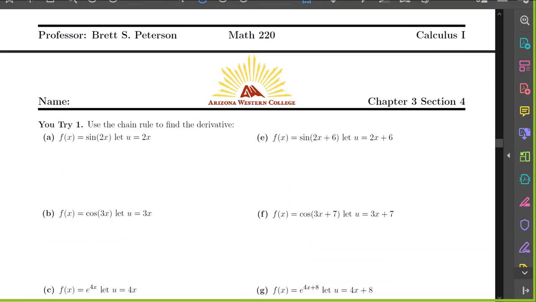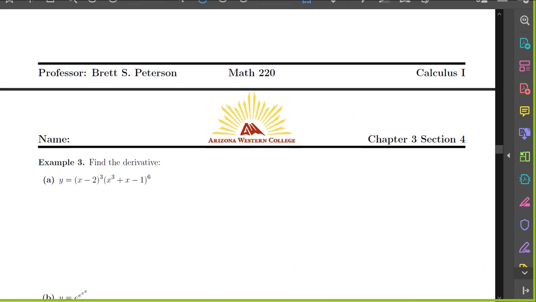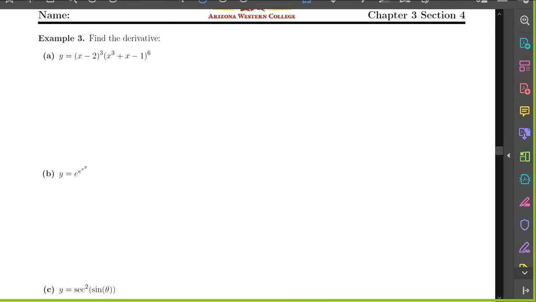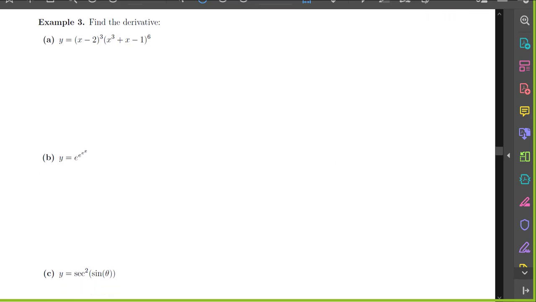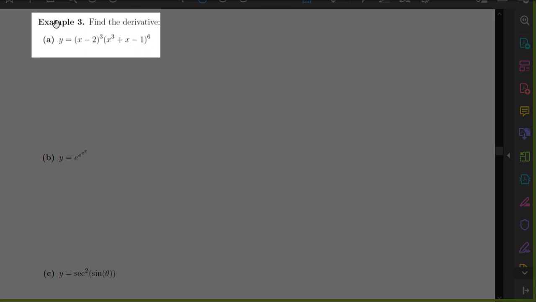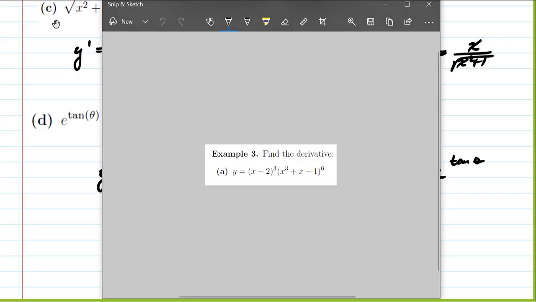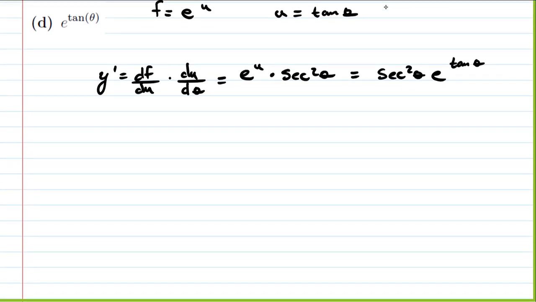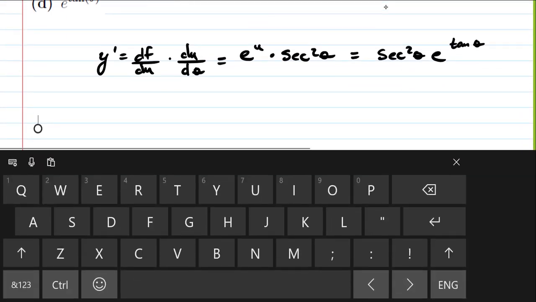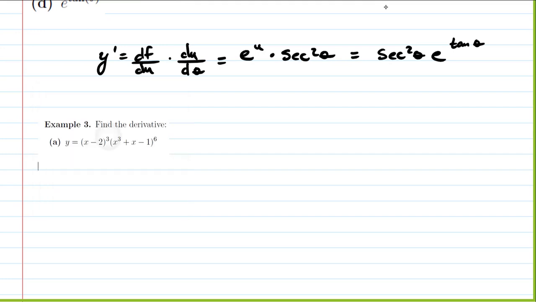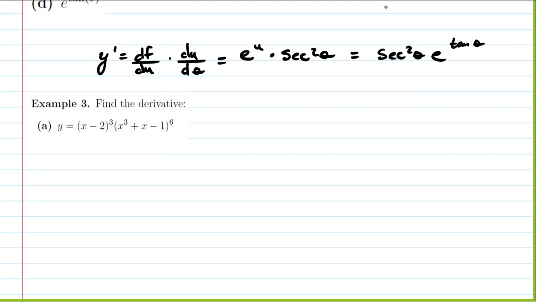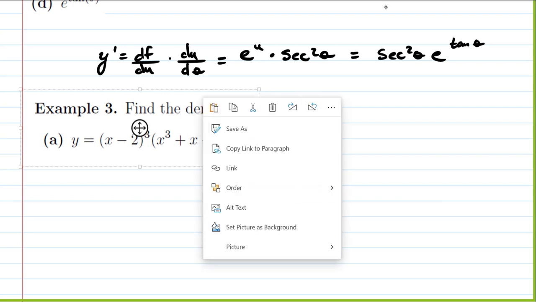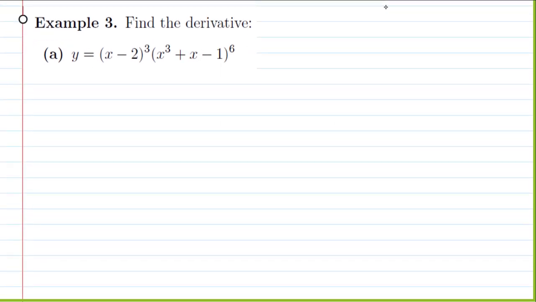All right. Well, we're going to jump over this next page for a second to example number 3, and we want to keep finding some derivatives. So we look at what we have going on here.